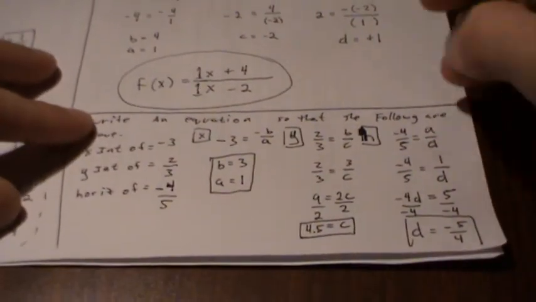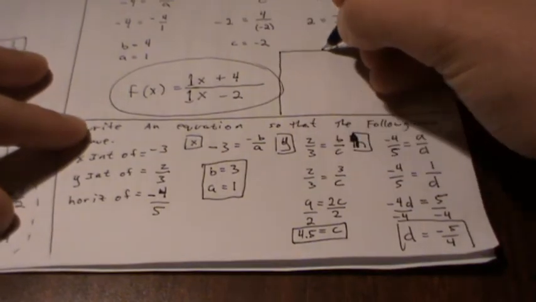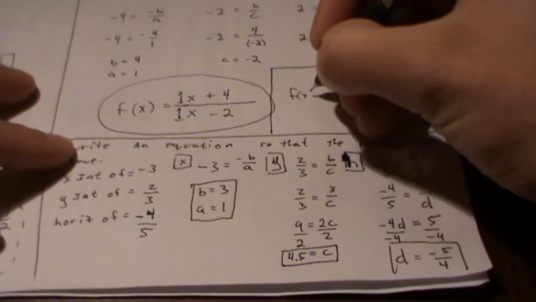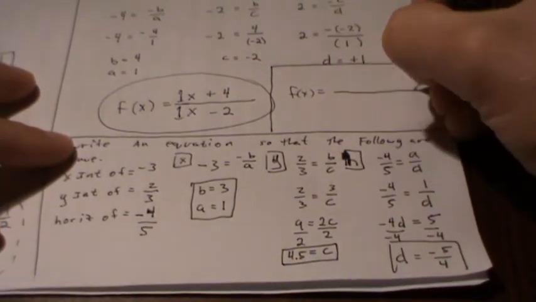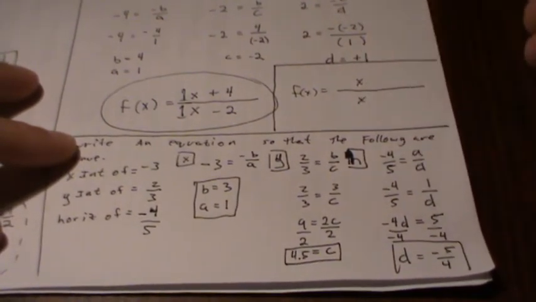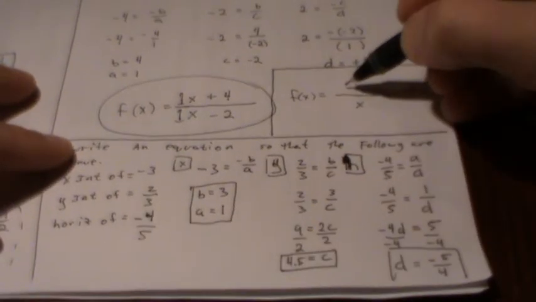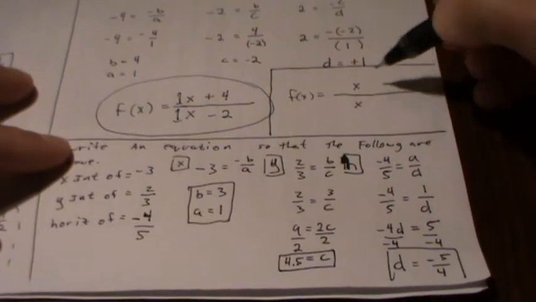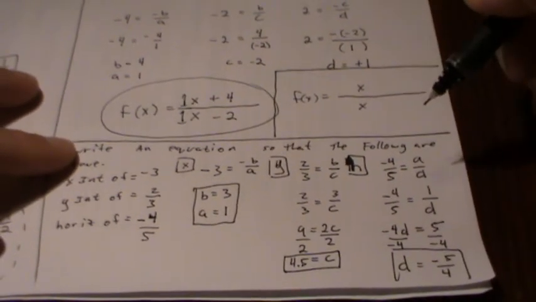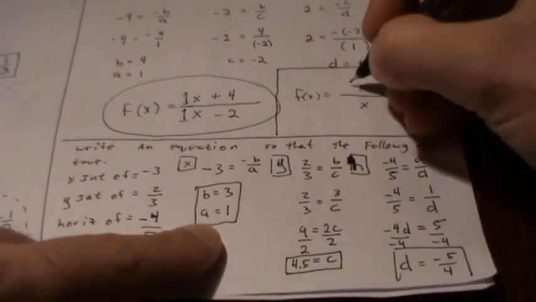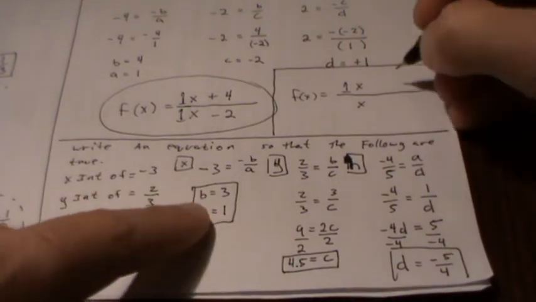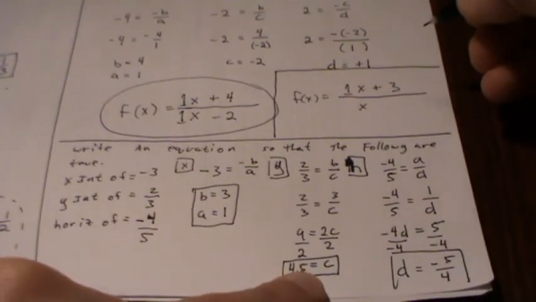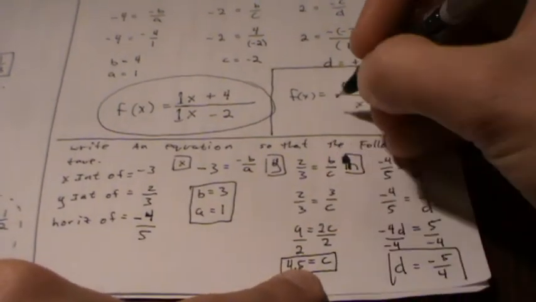Alright, and so maybe right here I'll write my function f of x is equal to, now my a value goes here, my b value, my c value, and d. It's alphabetical, a, b, c, d. Alright, so my a value is 1. My b value is a positive 3. My c value is 9/2.